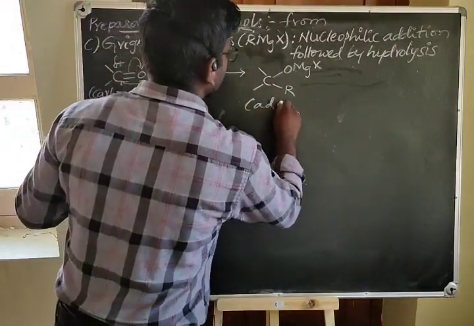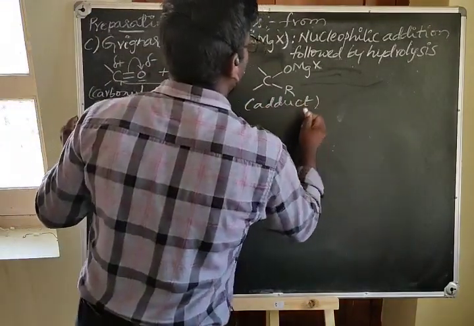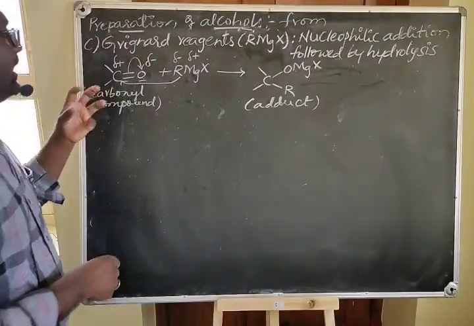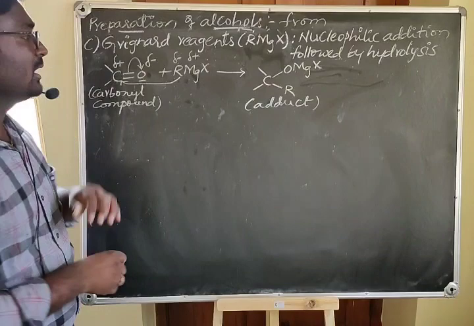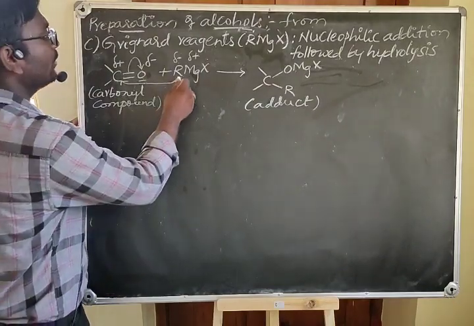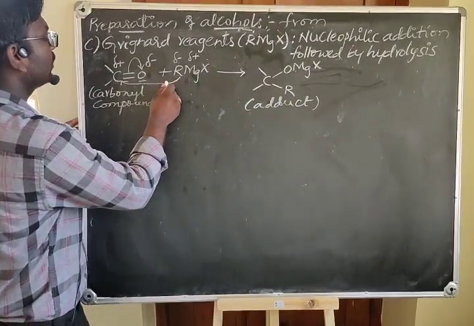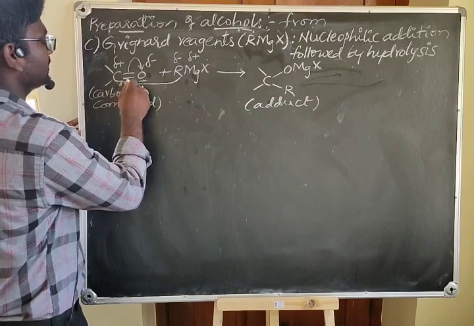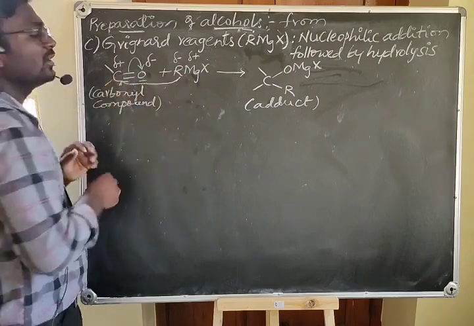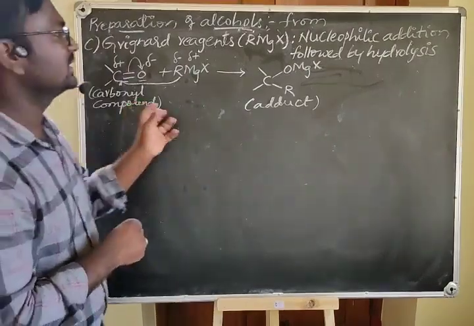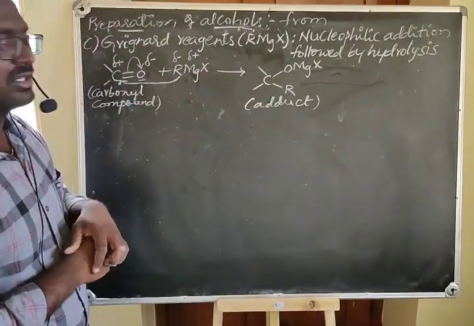How is the reaction triggered? The reaction is triggered because of the approach of the alkyl group onto this carbon first. Firstly, the nucleophile is attacking this carbon, so this is called a nucleophilic addition.